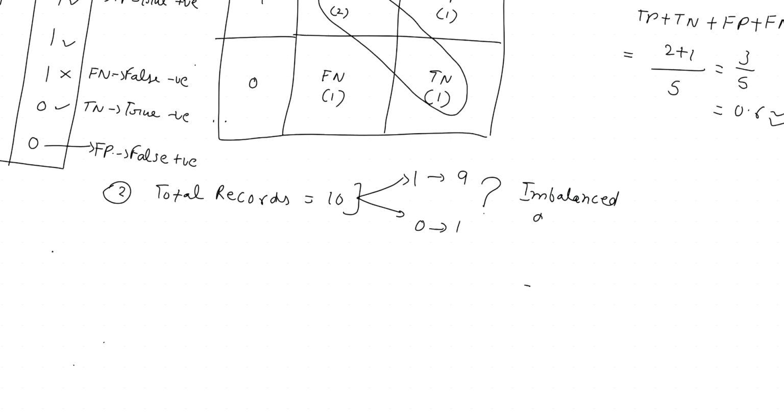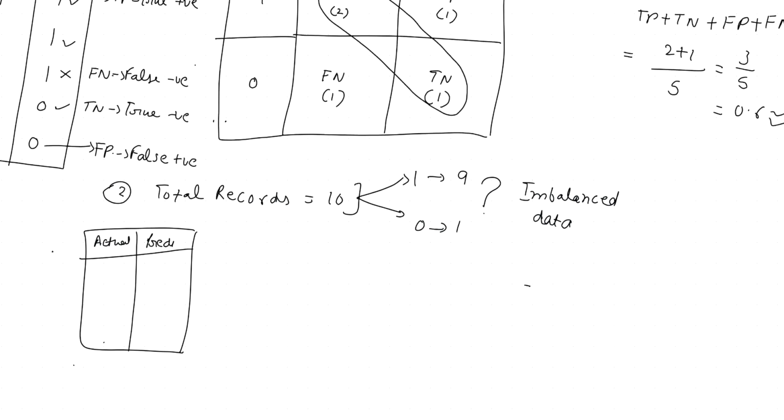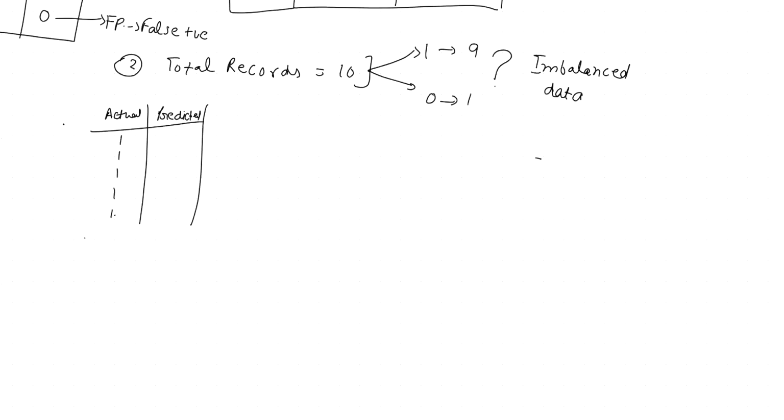So when you fit any model onto this, what will happen in that case? Let's say this is your actual, and this is predicted. How many values do you have? 1, 2, 3, 4, 5, 6, 7, 8, 9, and the last one is this one.